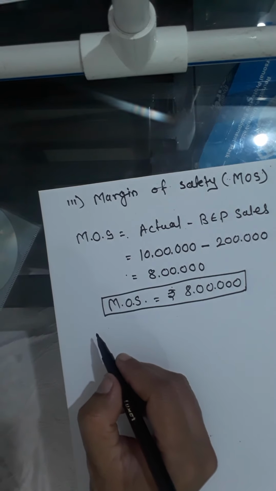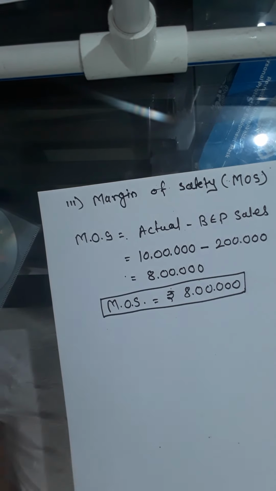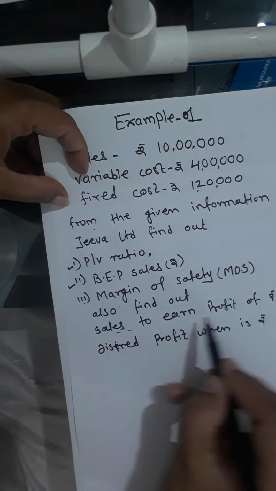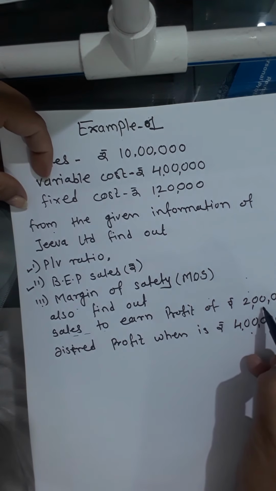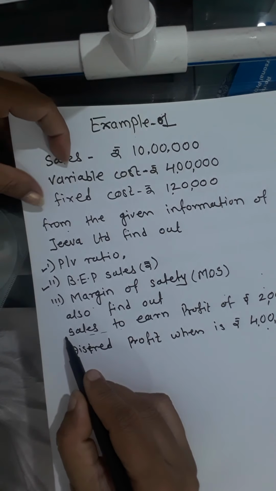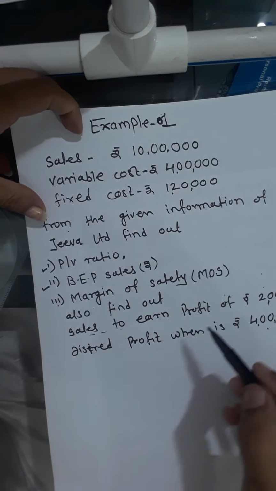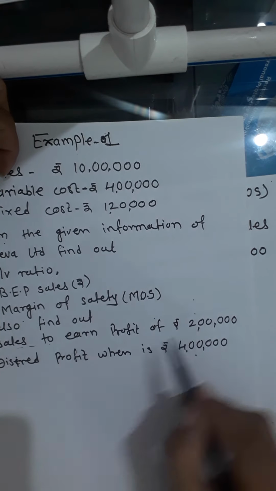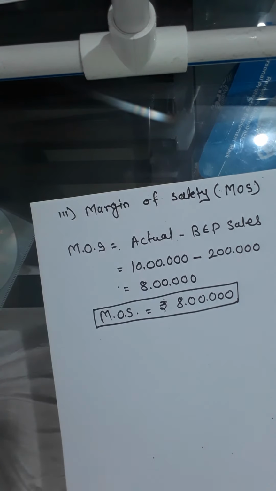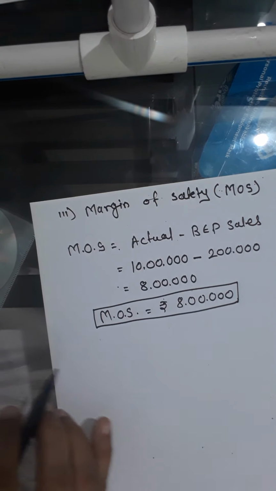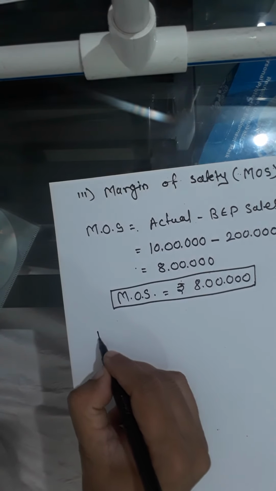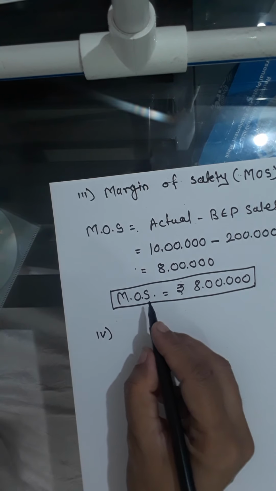What do we have to find out, students? We have to find out sales to earn profit of rupees 2 lakh, means we have to find out the sales volume which will give us profit rupees 2 lakh. It is also called desired sales. Then we'll put the formula for desired sales. We'll give it number 4.